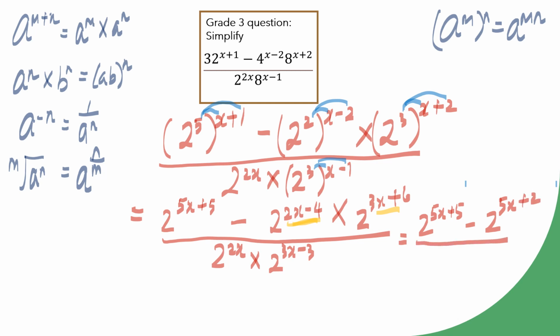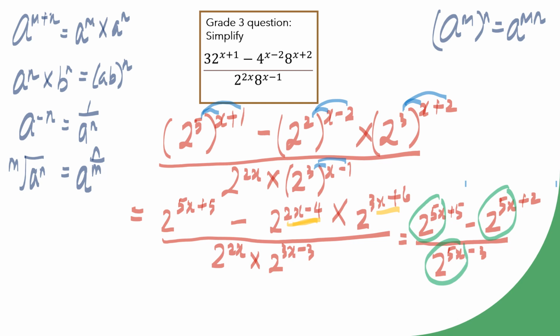Then simplify this also, add up the powers. 2x plus 3x is 5x, then minus 3. So you will see that you do have a common term here. If you have managed to come up to these steps, then congratulations, you're very near to getting the final answer. So you will see that you have a common factor, this guy here.